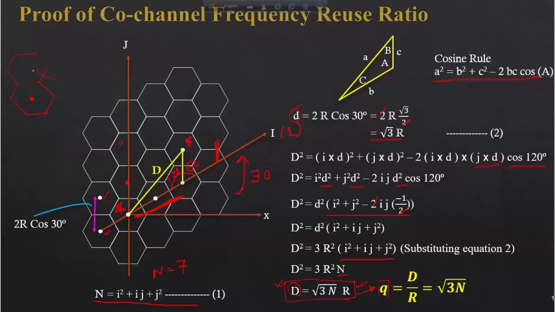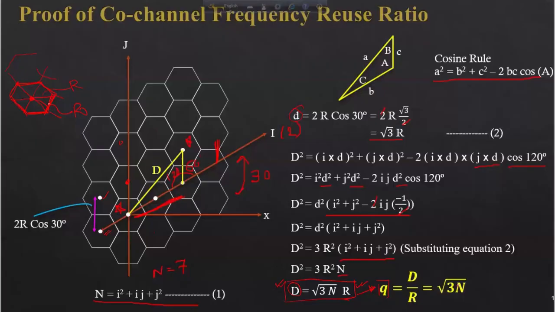All of these are denoted by cell radius R, so this should be the same.